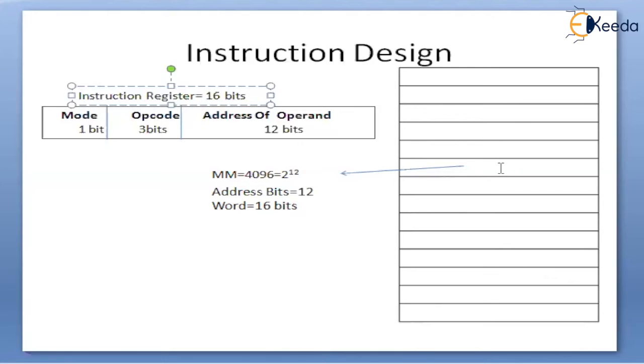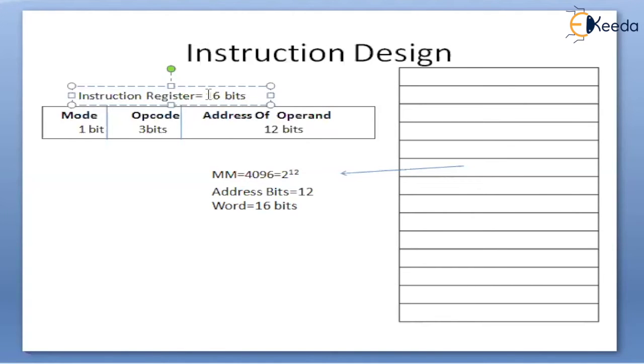There is a small exception to this in advanced computer architectures that we will discuss later. But for now, to store an instruction I need a word, and the size of the word is 16 bits. Hence, the size of the instruction should also be 16 bits.